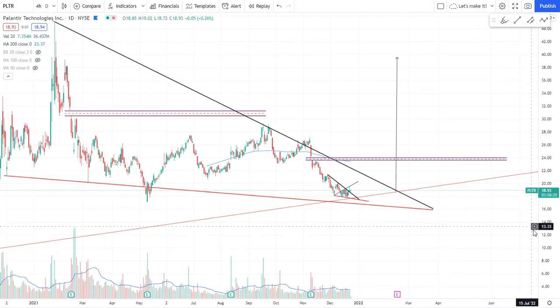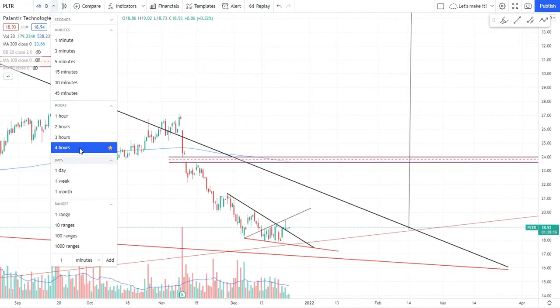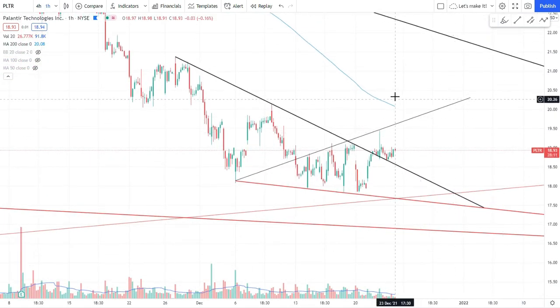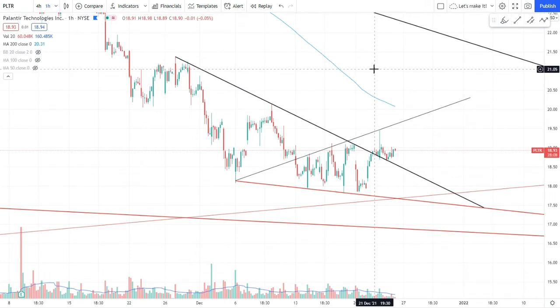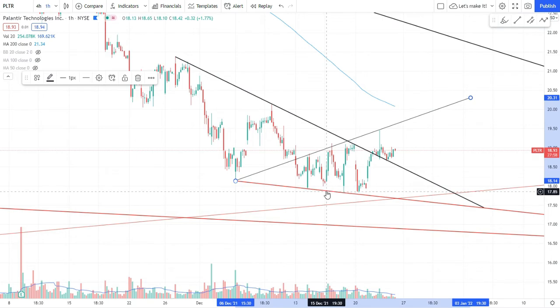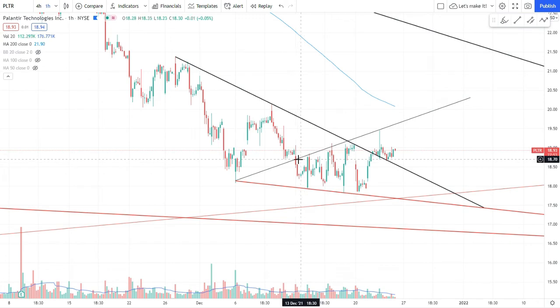In the very short term, let me go to an hourly chart. We're seeing in the hourly chart a pattern which is pretty rare in technical analysis, called a broadening bottom, or megaphone. These two trend lines indicate that the highs are increasing, so the price is making higher highs, but the price is also making lower lows, as we can see here.